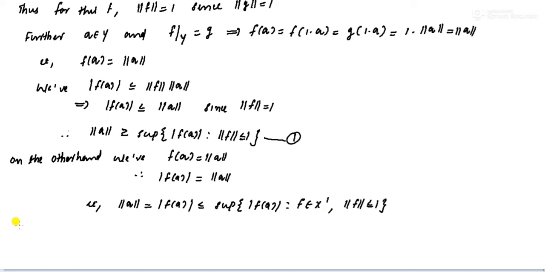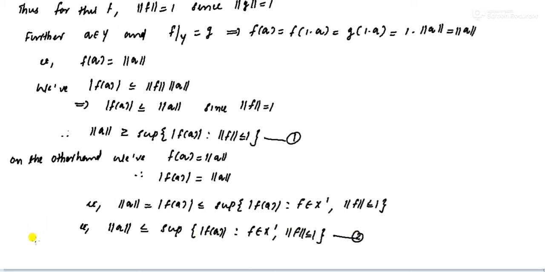That is norm a less than or equal to the supremum of mod f of a, such that f in X* and norm f less than or equal to 1. This is equation 2.